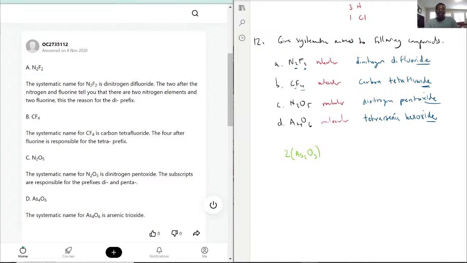Because for ionic compounds, when you name them, you don't even put the prefix there at all. A good example would be CaCl2. This is just called carbon chloride. Okay, whoops, calcium chloride, not carbon. Yeah, this is just called calcium chloride.